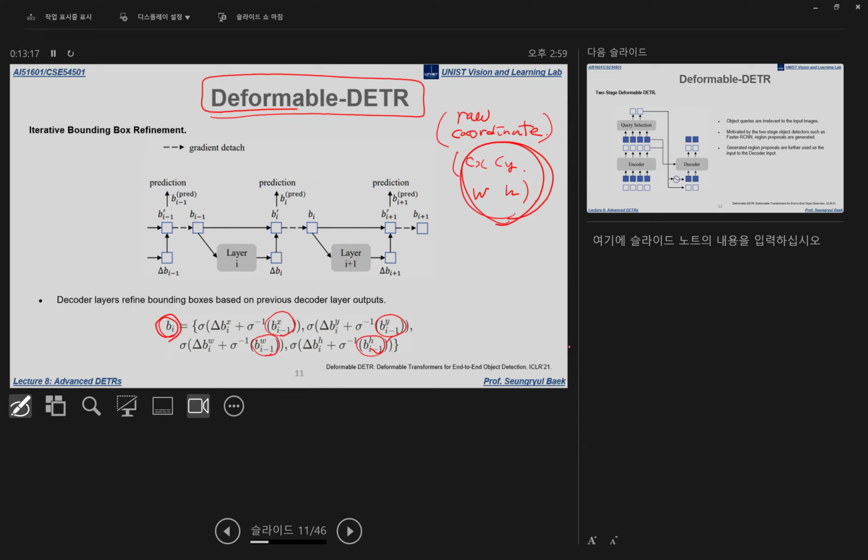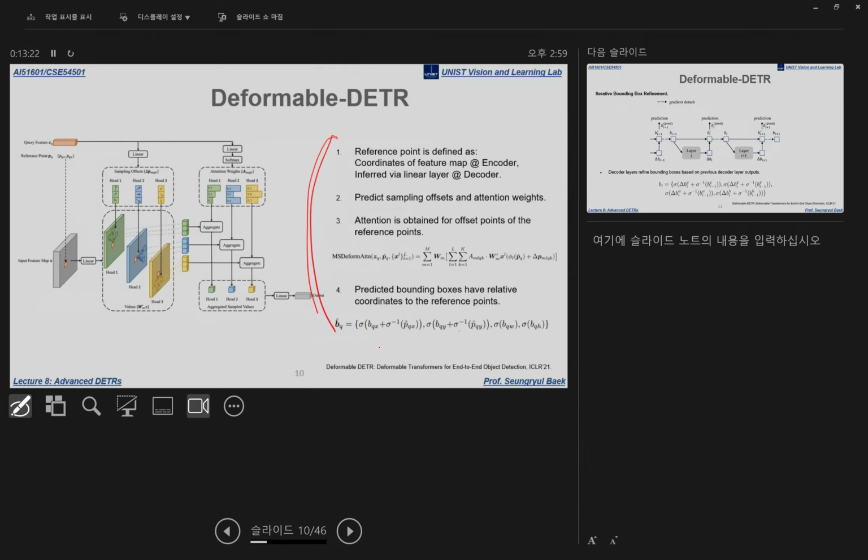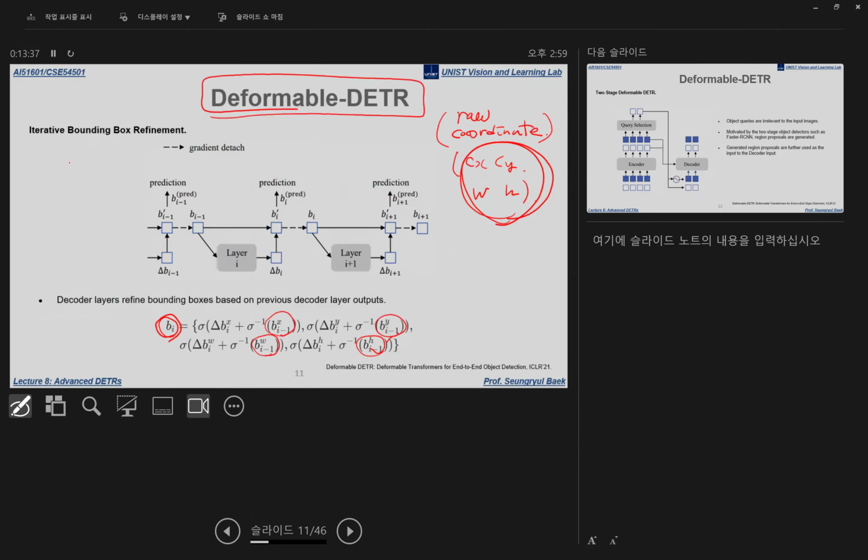But now we have some previous estimation. I have to say this reference point. This reference point means the initial estimation for the bounding box.